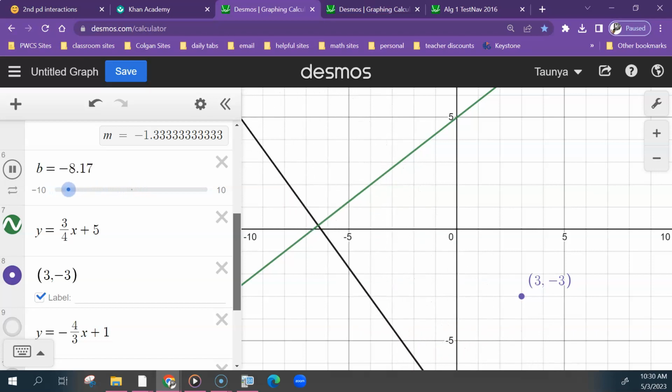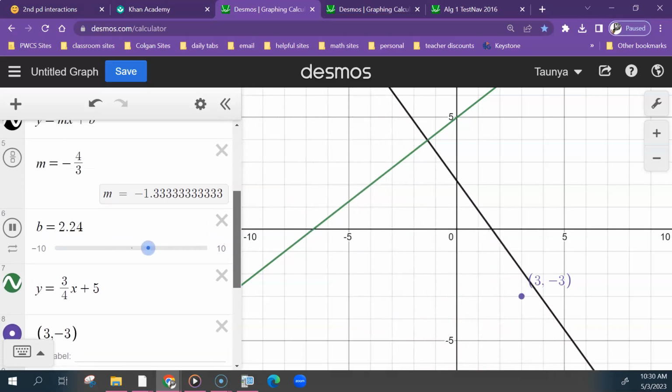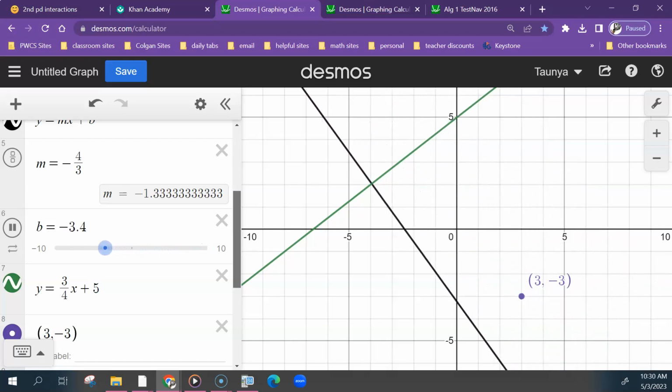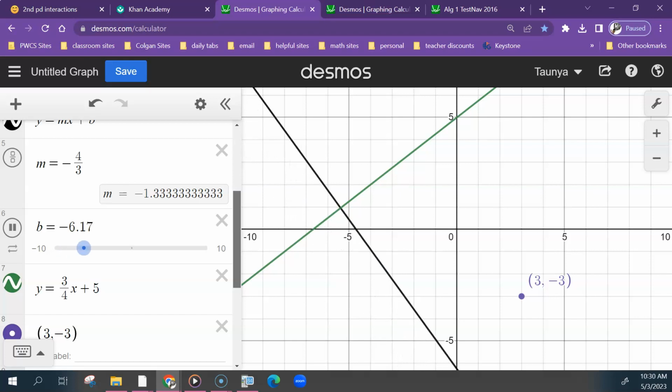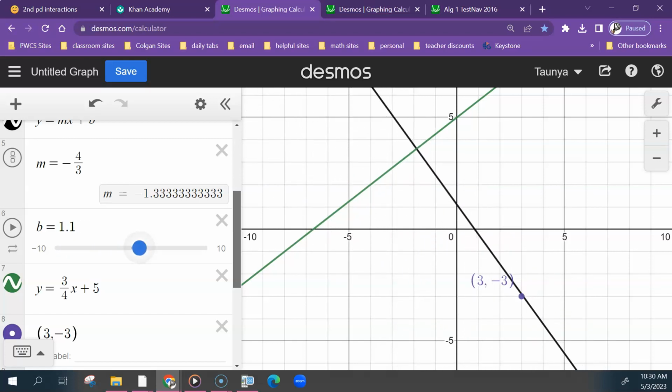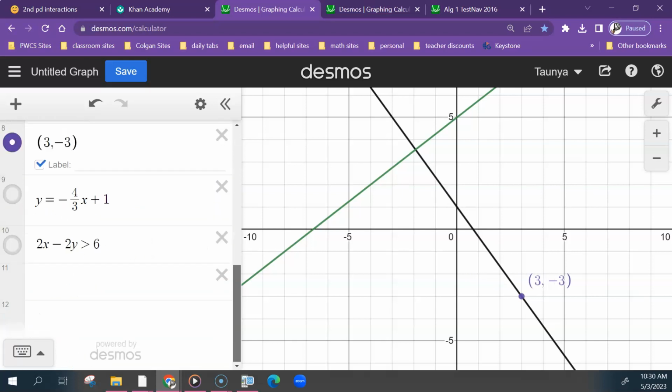If it's perpendicular to this, the slope has to be flipped. So now 4/3 and negative since it was positive. And then it has to go through that point. So at 1, it would go through that point. So the equation would be y equals negative 4 over 3x plus 1.